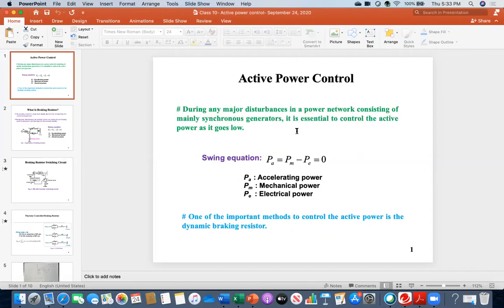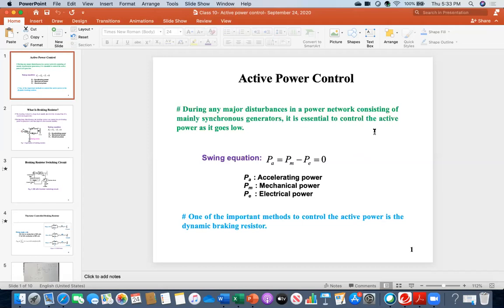That's why I have written that during any major disturbances in a power network consisting of mainly synchronous generators, it is essential to control the active power as it goes low. You remember that before we talked, when there is any fault in the power network, active power goes low. And if the system has mainly synchronous generators, active power control is very important.